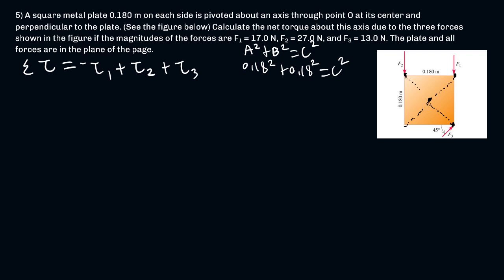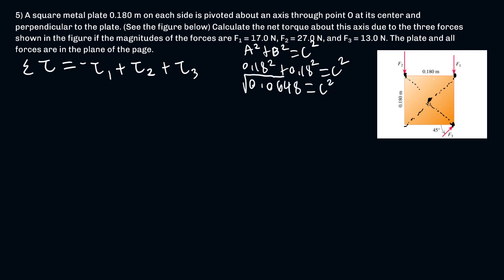So 0.18 raised to the second plus 0.18 raised to the second. That is going to give me a total value here when I add these two numbers together of 0.0648 is equal to c squared.